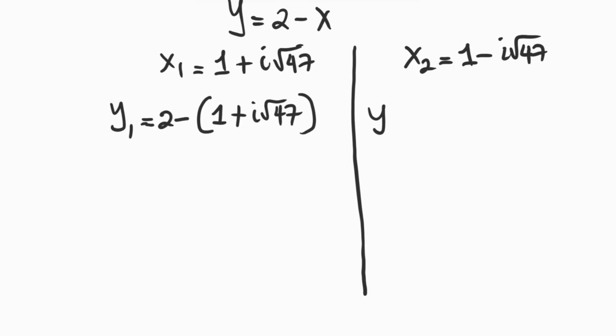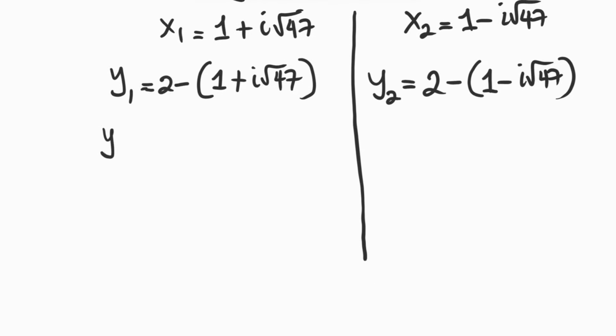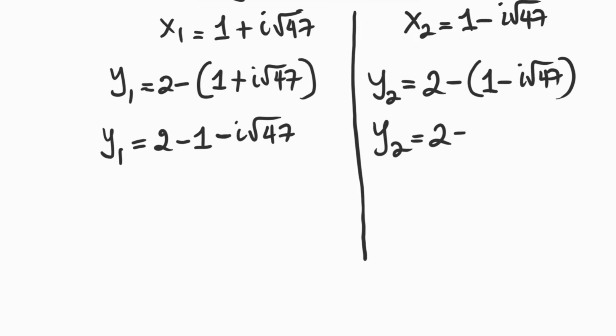And then y2 is equal to 2 minus (1 minus i root 47). If we open up the brackets, we have 2 minus 1. Minus times plus will give us minus i root 47. And then for y2, when we open up the brackets, we have 2 minus 1.